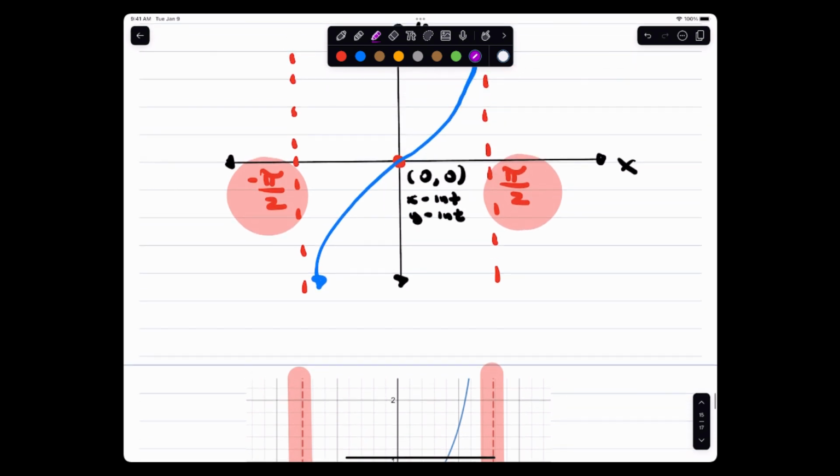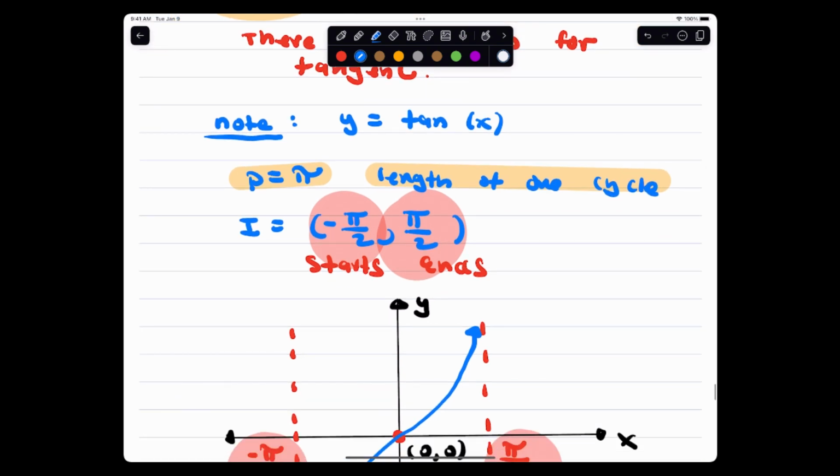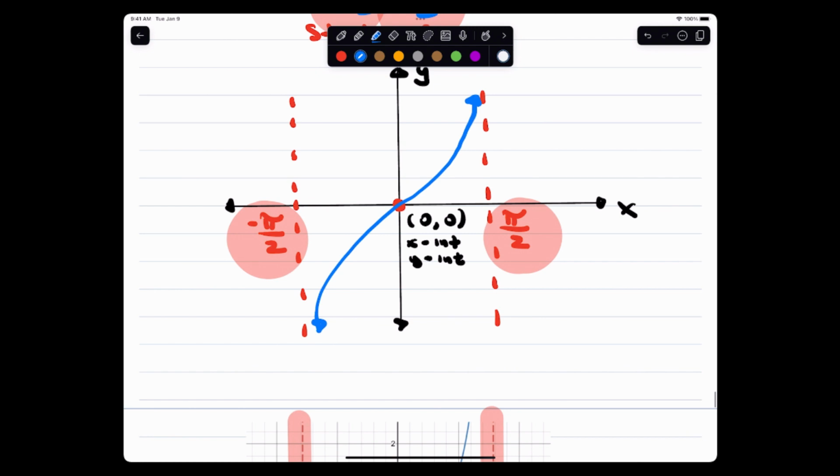Judge, why are you bringing this up? What's the definition of period? Length of one cycle. So if I said to you, what's the length of this cycle? I'm going to get out my purple. You're going to get pi over 2 minus negative pi over 2.